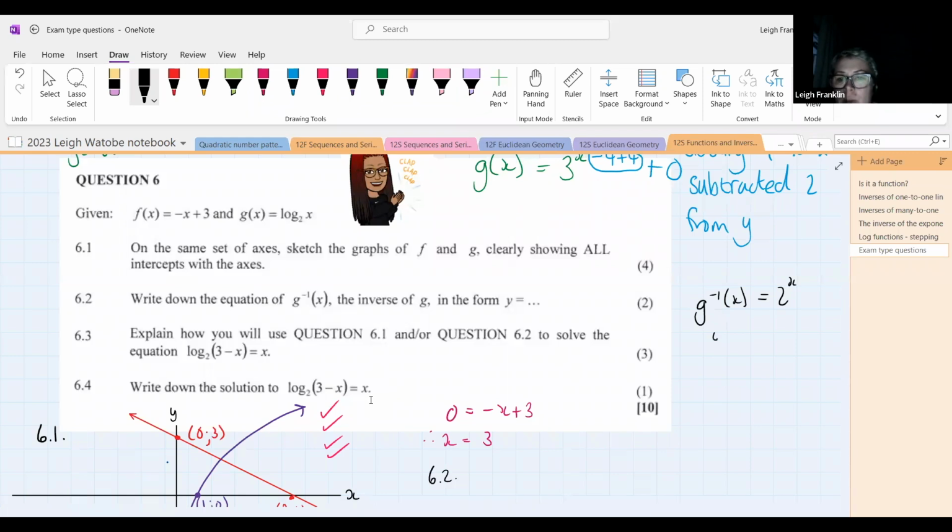So if y is equal to 2 to the x, and we're talking about the y-intercept, then we make x equal to 0, so your y-intercept would be 1. Now remember, the y-intercept on your inverse is going to be the x-intercept on g. So that's why it's 1 and 0. Your exponential function is always going to have a y-intercept of 1.